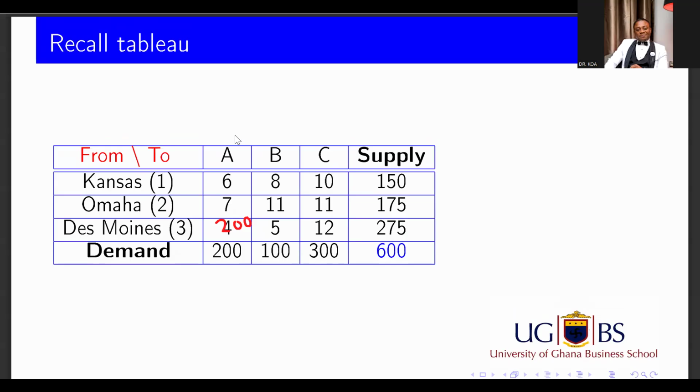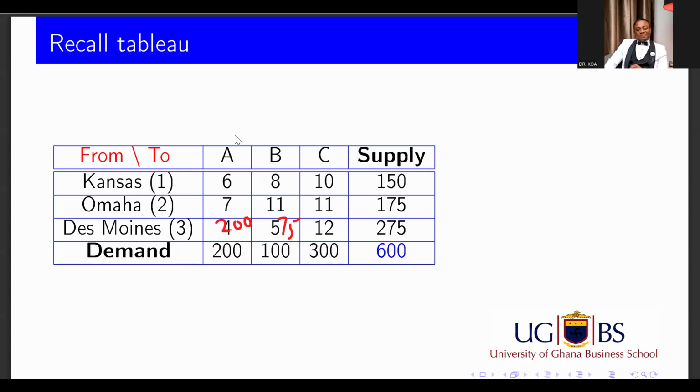How much is left? 75. You assign it now to the next lowest cost. That will go to where? 5. So you will now have 75 here. Then you are exhausted.